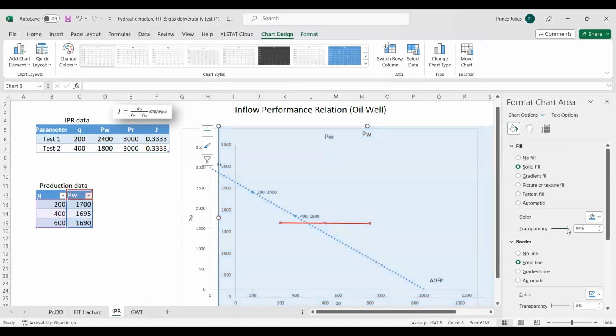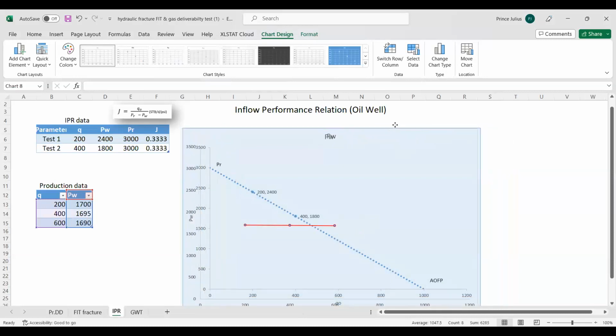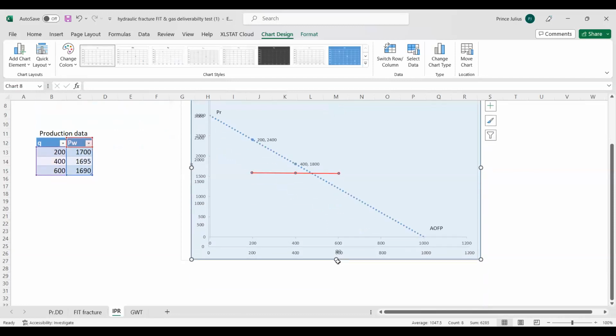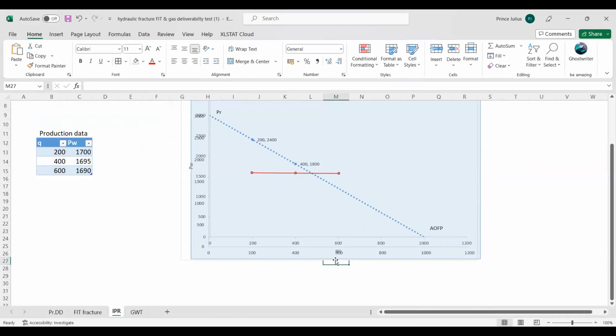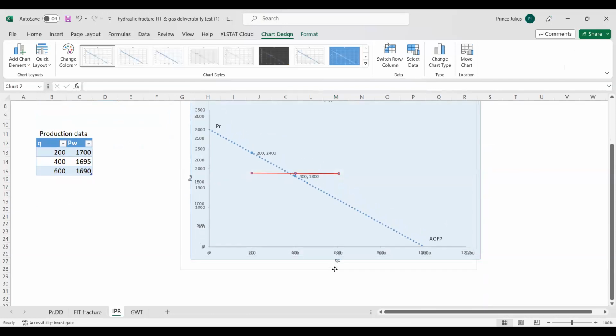So you can see, I just faded out the background area and I'm trying to adjust the axis in such a way that both axes become the same.